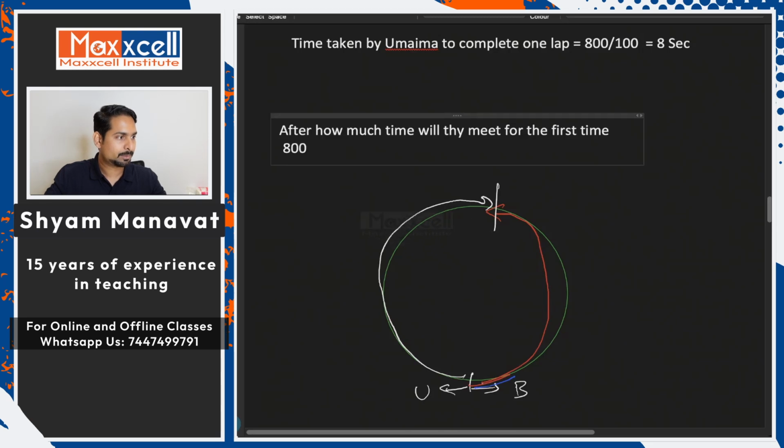The first time they meet somewhere here, which is completing 800 meters of lap relatively with the relative speed in opposite directions, that is 100 plus 60, we have taken 60. You add the speed.